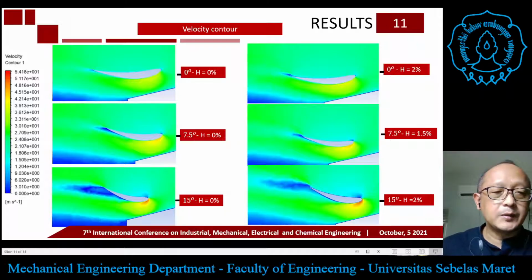And then the flow separation increases, moving forward to the leading edge of the rear wing, as you can see at the 15 degrees angle of attack.